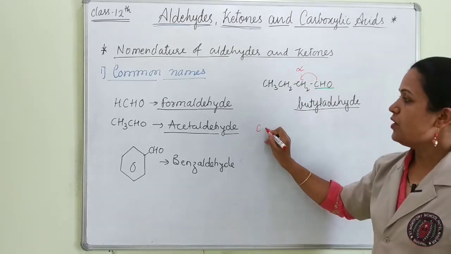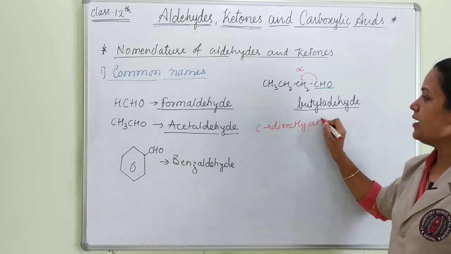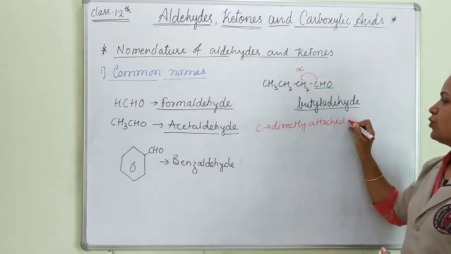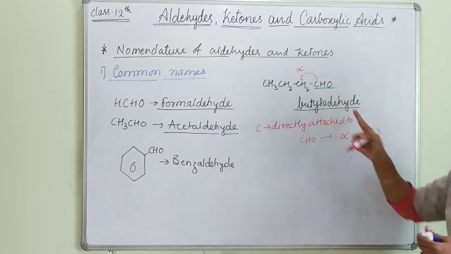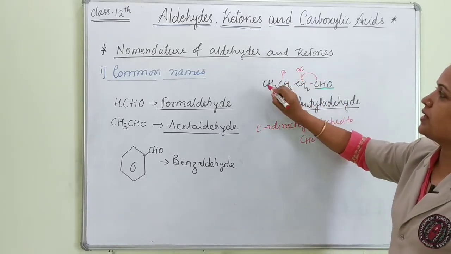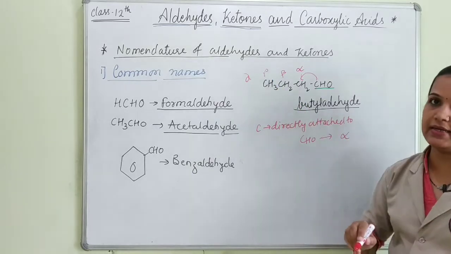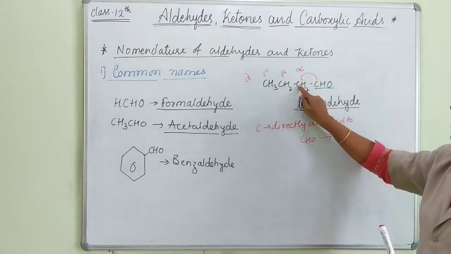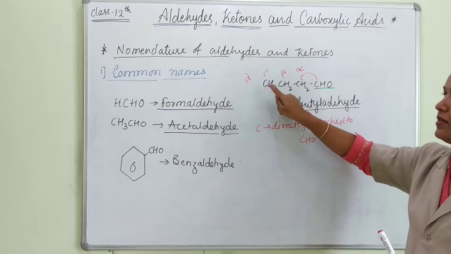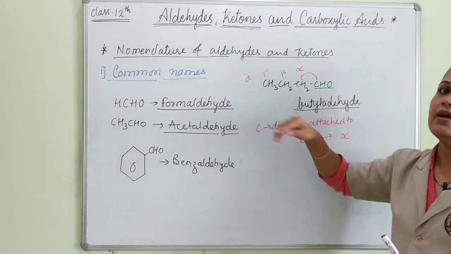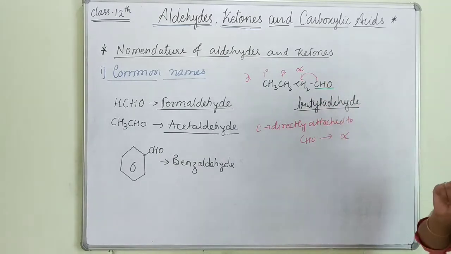So the carbon directly attached to the CHO group is known as alpha. This will be alpha, this is beta, this is gamma, and if there is another, that is delta. So the first carbon directly attached to the functional group is alpha, second is beta, third is gamma, and then delta. Up to delta only there are examples. This is very important, students.